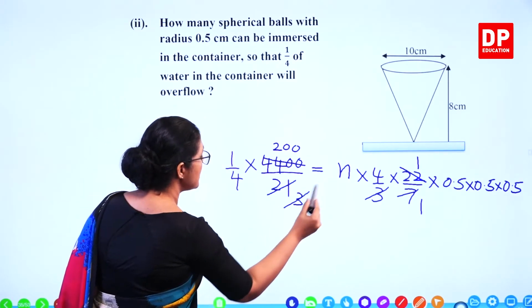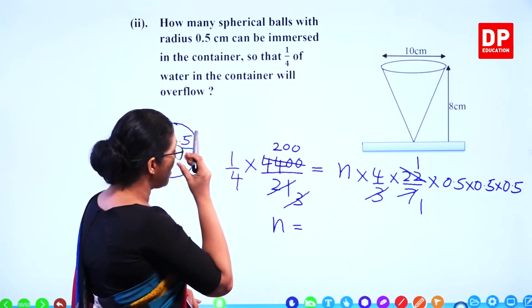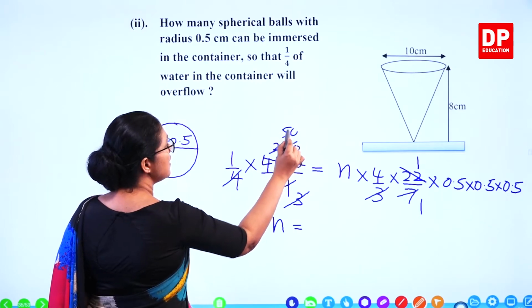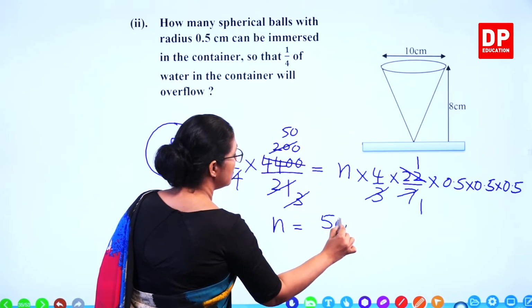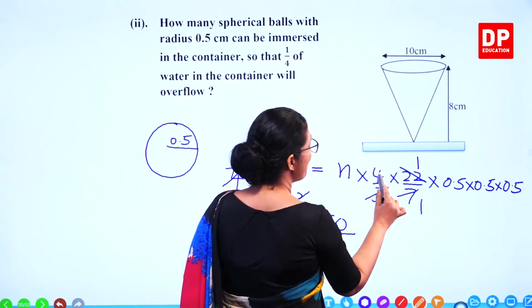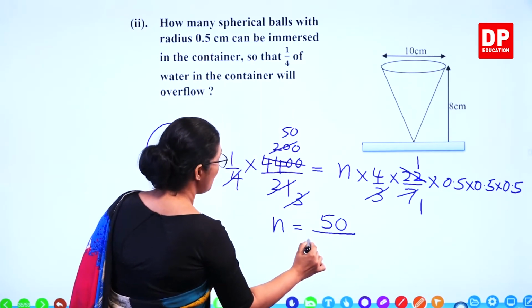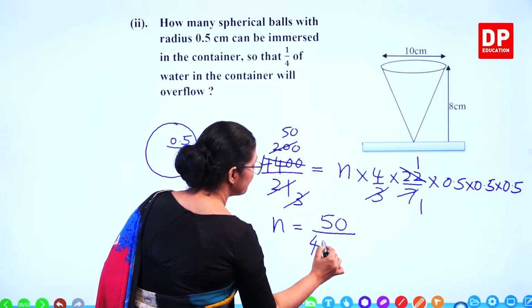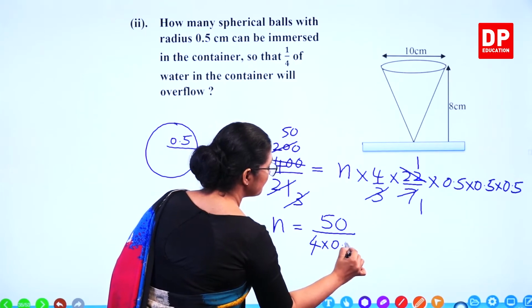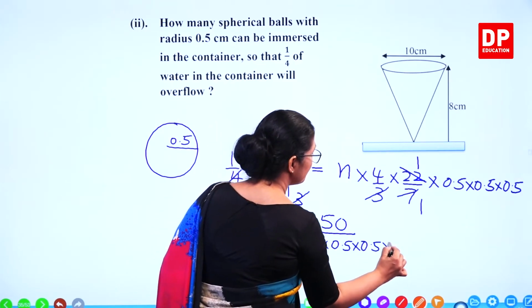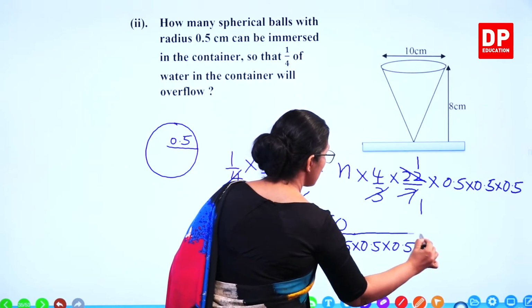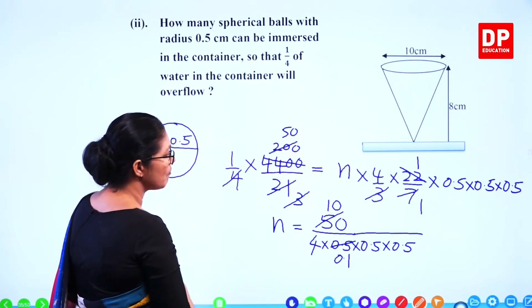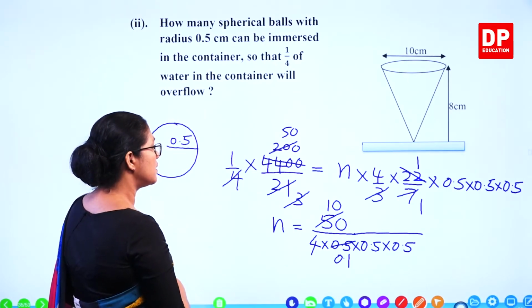And now we'll see what is N. N becomes 4 times 50, so 50 here, divided by 4 here, and 0.5, 0.5, 0.5. Divide by 5, you get 10, and here 0.1. And what else? That's all.